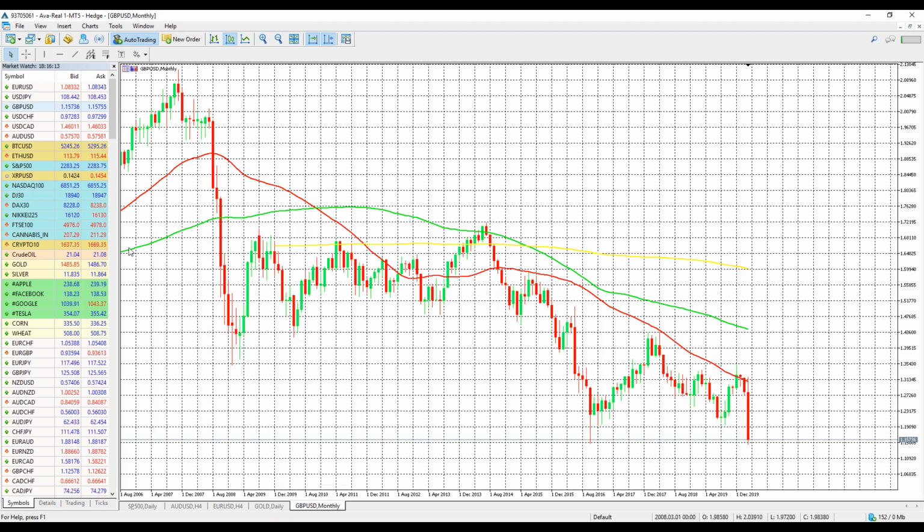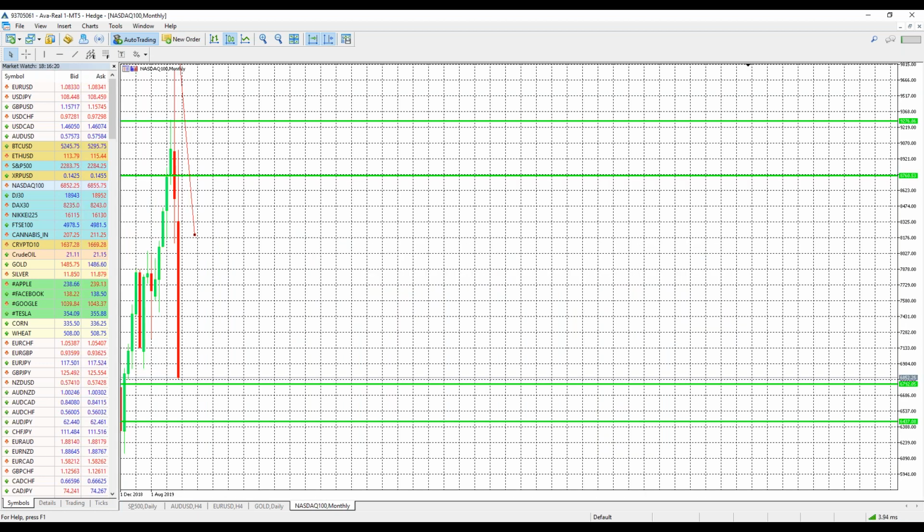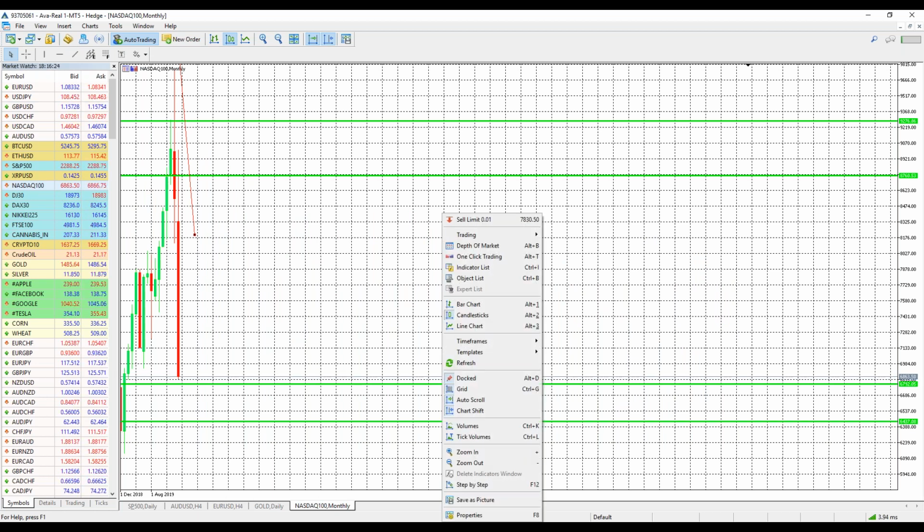Now, one of you guys has asked me if I can do the analysis on Nasdaq, which I was going to do anyway. So let's look at the price action for Nasdaq and see what we can derive from it.